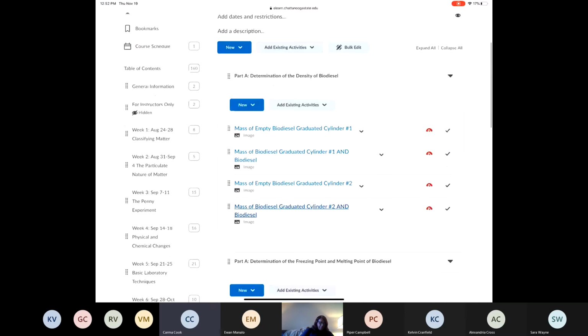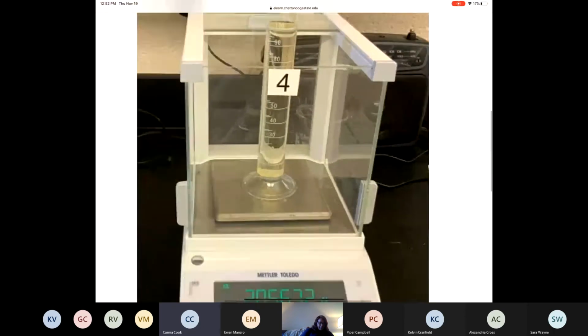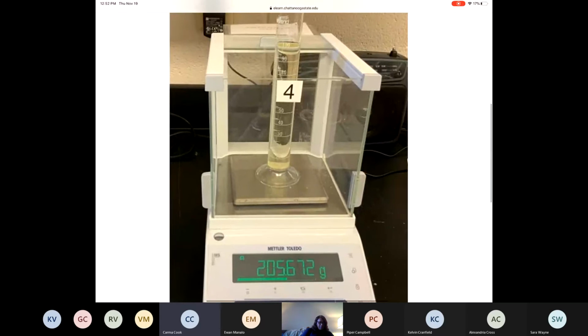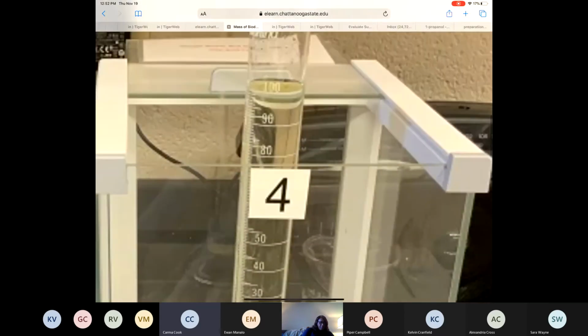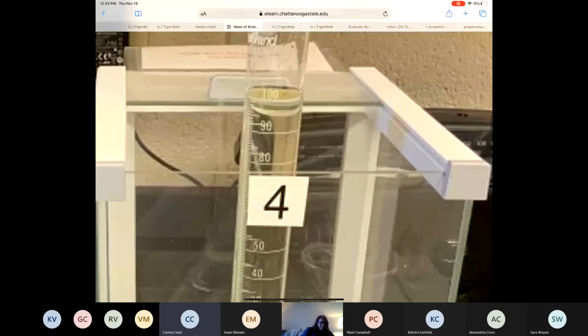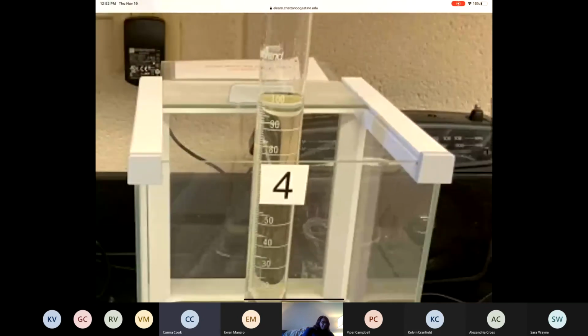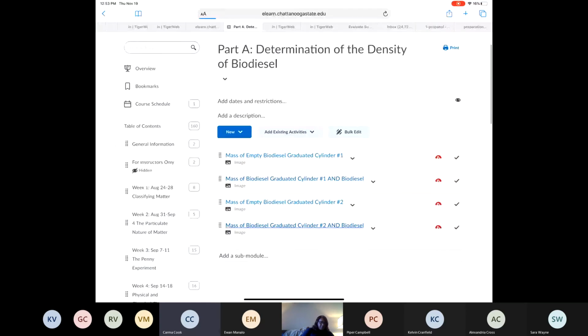So all I did was take a picture of it, but you can actually see the volumes while these cylinders are on the scale to determine the mass of the cylinder plus biodiesel. You can also view the volume. And looking at that part up there, the first cylinder was 100 mils, and the second cylinder was 87 milliliters.